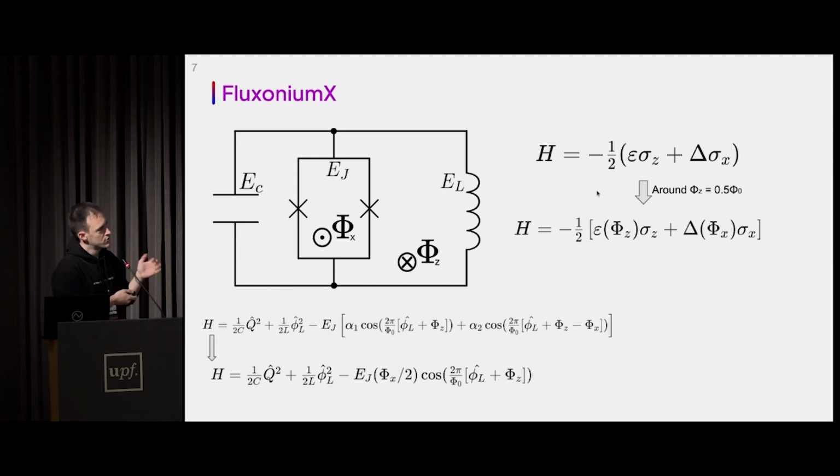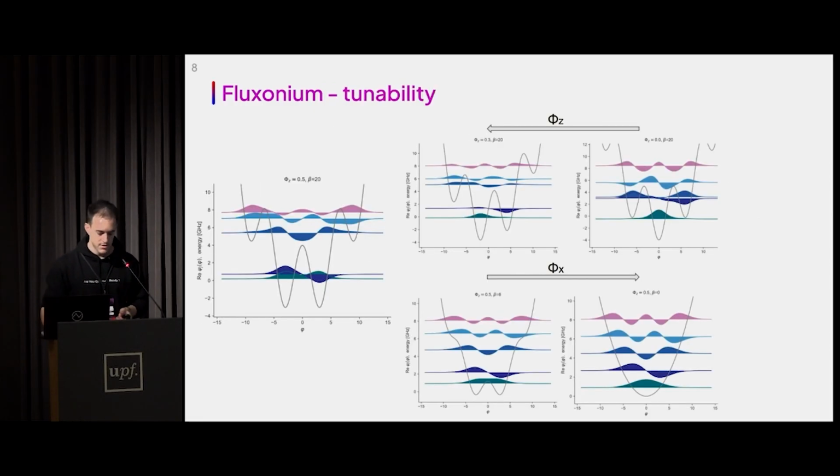You can actually control, to a very good approximation, the sigma z coefficient with phi z and the sigma x Pauli coefficient with phi x. So this is it for the tunability range of the fluxonium. Just remember, we can tune the tilt with phi z and the barrier with phi x.